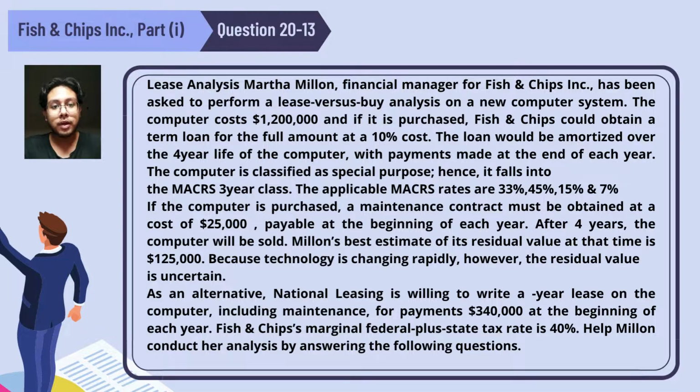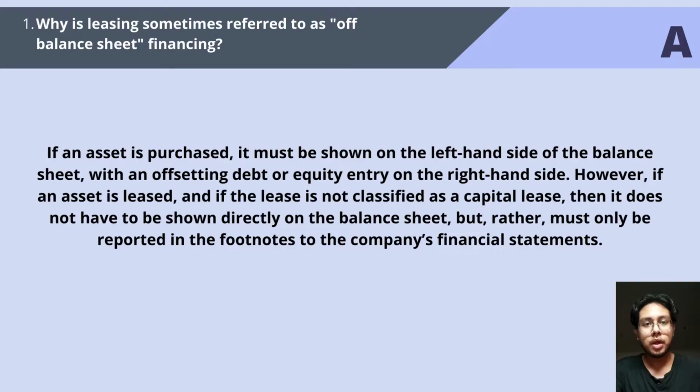As an alternative, National Leasing is willing to write a 4-year lease on the computer, including maintenance, for payments of $340,000 at the beginning of each year. Fish and Chips' marginal federal plus state tax rate is 40%. Help Millen conduct her analysis by answering the following questions.